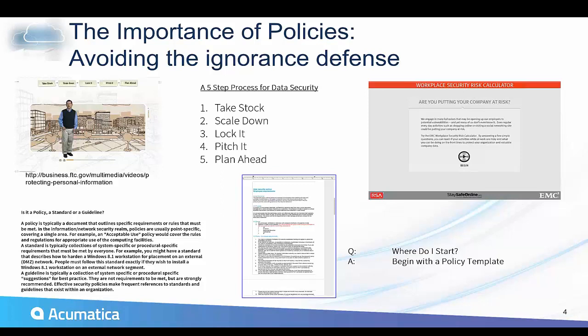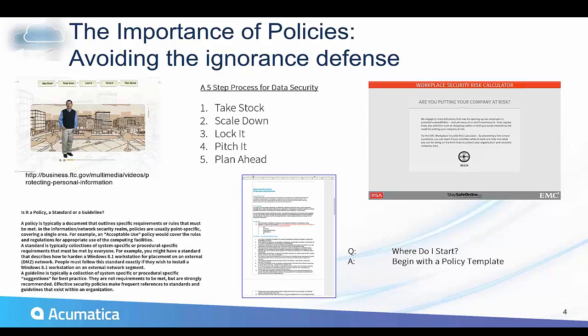Now, what's the difference between a policy and a standard? Well, a standard is usually a collection of system-specific or procedural-specific requirements that must be met by everyone. Give you an example, you might have a standard way of describing how you need to harden a Windows 8.1 workstation if you're going to put it in an external network.